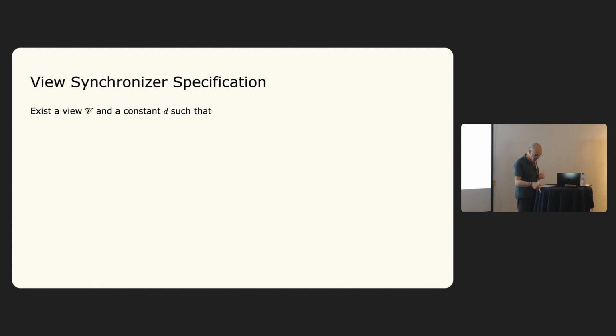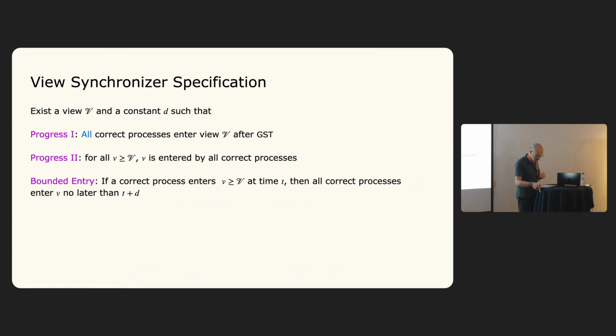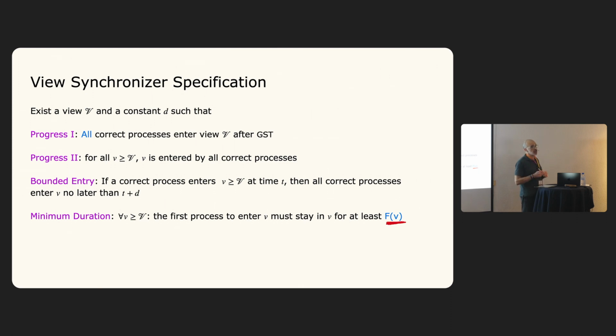That, of course, affects the specification of the synchronizer. But it is essentially exactly the same as before. Now, let's say I replace the fixed timeout here with some function of a view, and I just say that this function grows monotonically with views.